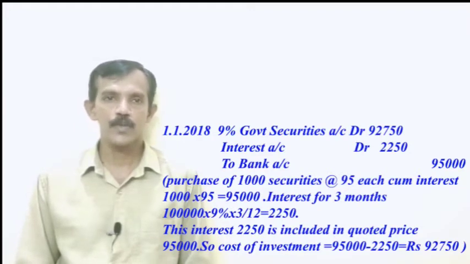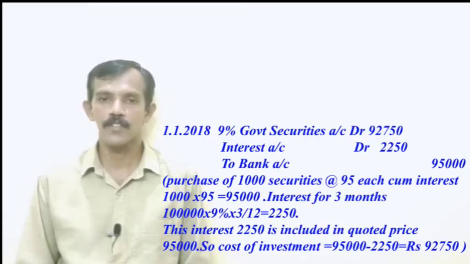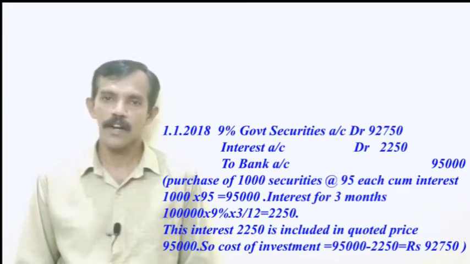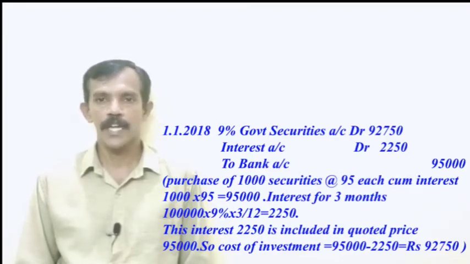The interest 2,250 is included in the quoted price 95,000. So cost of investment is 95,000 minus 2,250, that is 92,750. So our journal entry: 9% government securities account debit 92,750, interest account debit 2,250, to bank account 95,000.